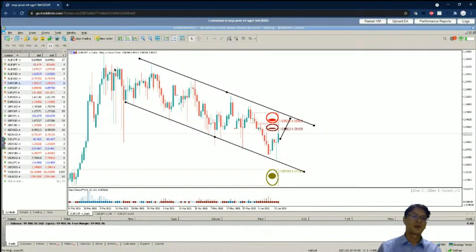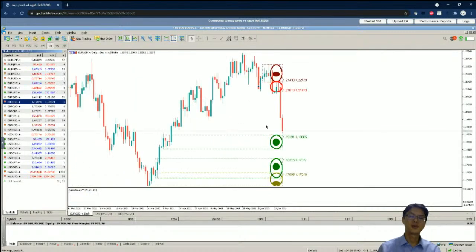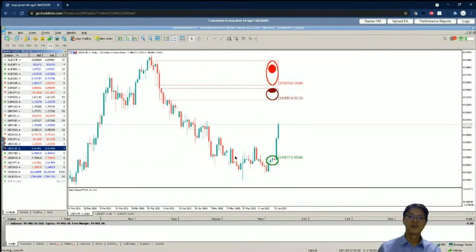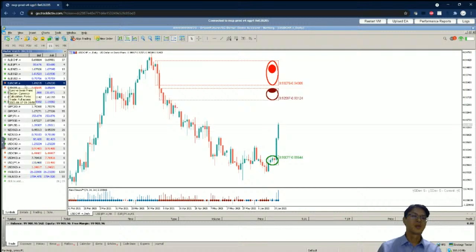So I think the Euro Swiss is quite an interesting one. Go back to the Euro US dollar. Why it's interesting is because if you look at how strong the Euro dollar is, and then also look at how strong the dollar Swiss is, and if you eliminate the dollar component, this is really what you get.